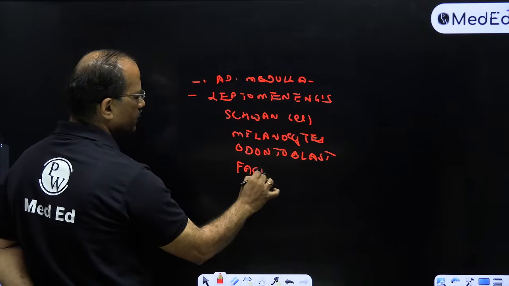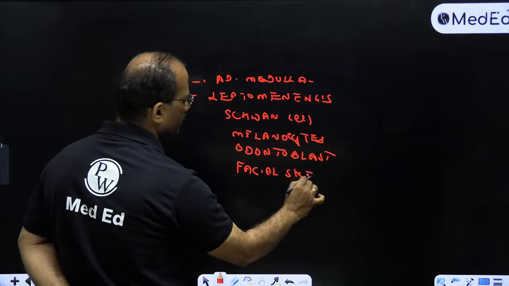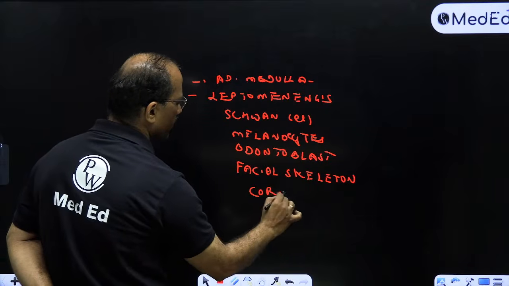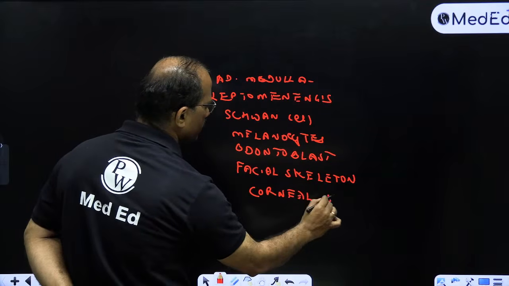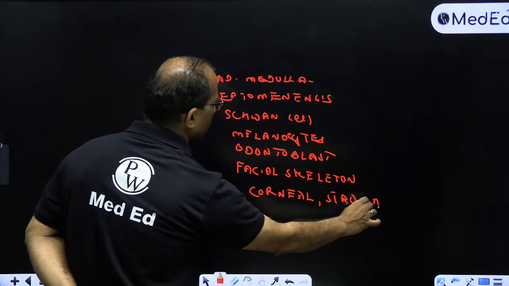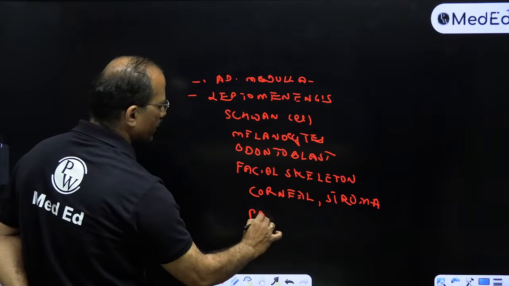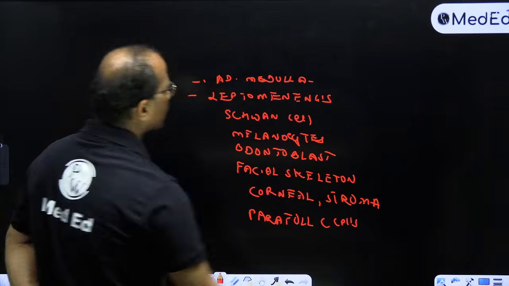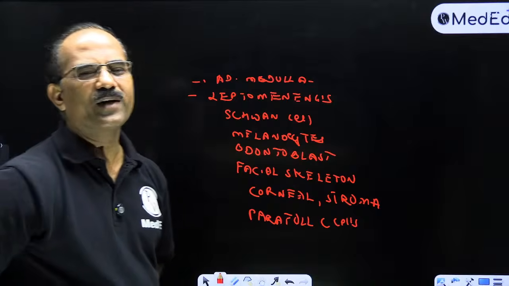Facial skeleton, corneal stroma, parafollicular C cells of thyroid. Is anything left?